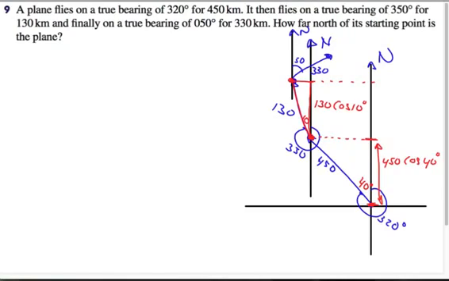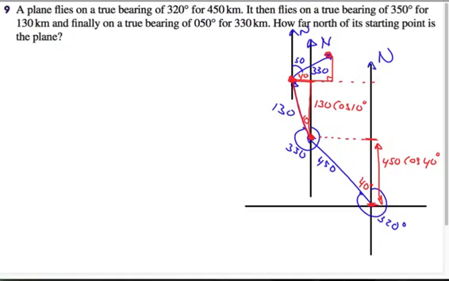For the third leg of the trip, I'm starting here, I'm ending here. This 50 degrees here is from the north, but the angle in the triangle that I'm after, the triangle is now here, it changed a little bit, that angle in here is 40 degrees. It's just 40 degrees short of 90. 50, 40, 90.